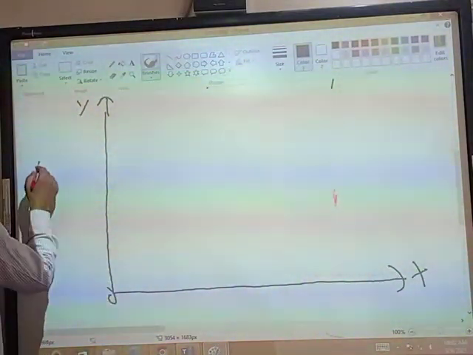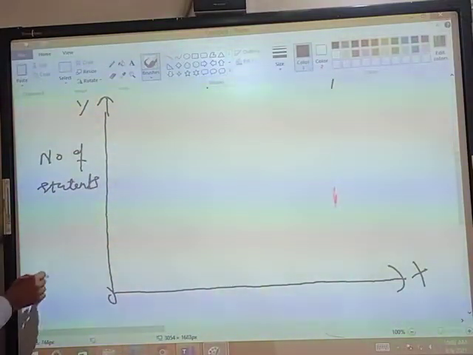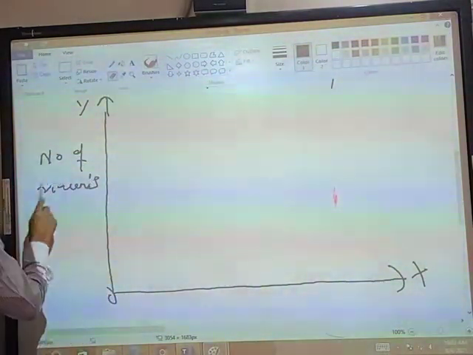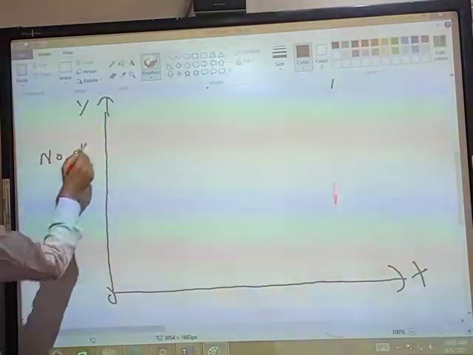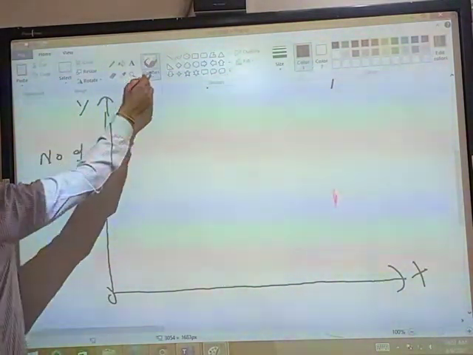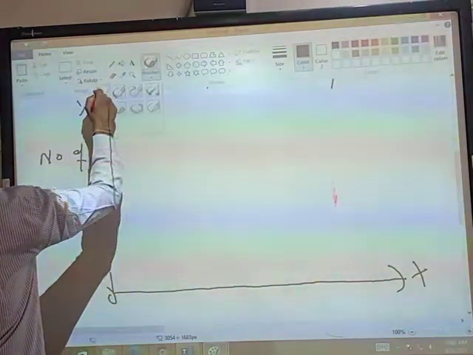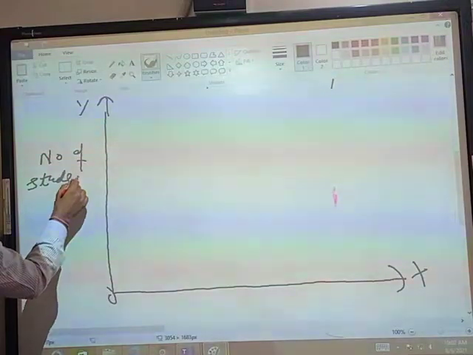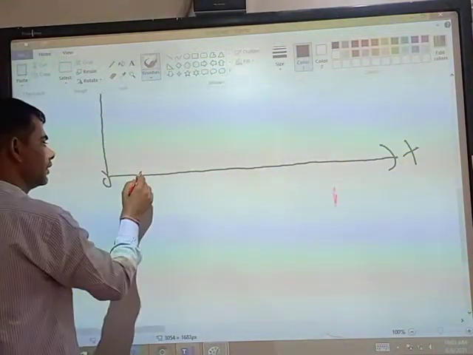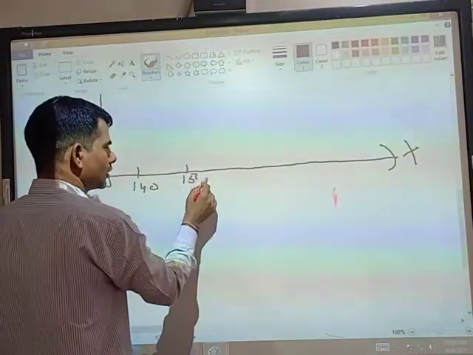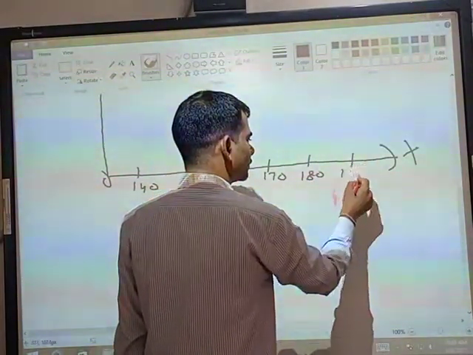Number of students on the y-axis. Here the intervals are 140, 150, 160, 170, 180, 190.